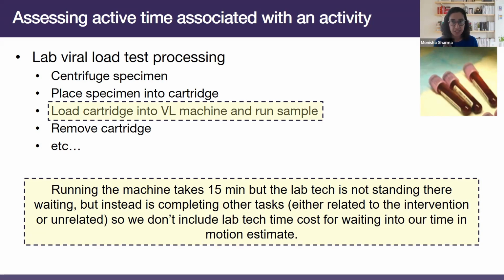So only the time that they're actively loading the viral load machine, and then when they come back to continue processing it, that would be the active time associated with this particular activity. And then again, because you're doing this observation, you have the ability to take out those idle times, or those times where somebody is doing something else.